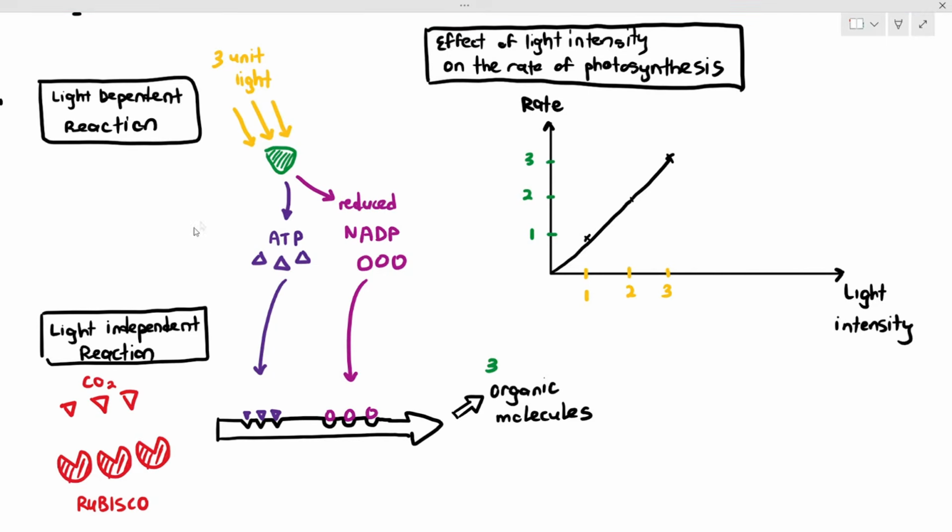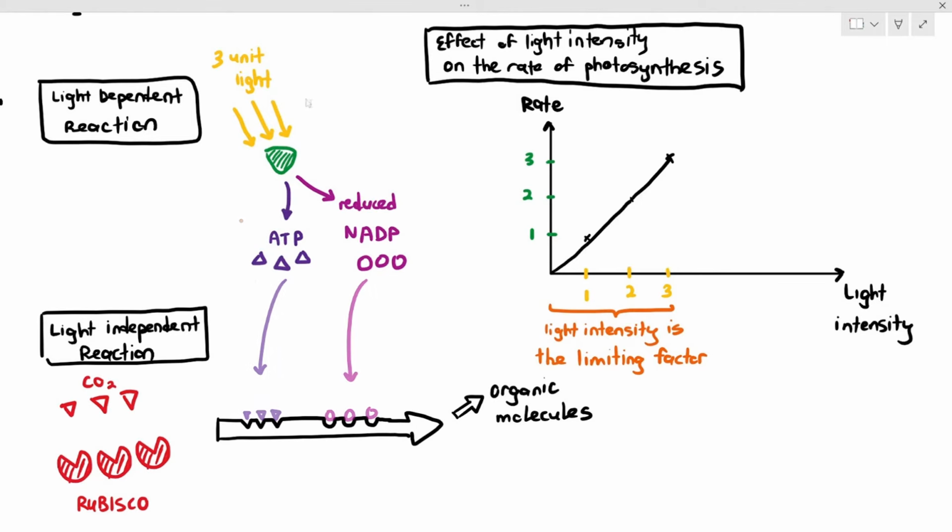As I increase the light intensity, the rate of photosynthesis further increases. From 0 to 3 units of light, light intensity is referred to as the limiting factor. The reason is that the only way I have to increase the rate of photosynthesis is to increase the light intensity and nothing else. That's why light intensity is the limiting factor.